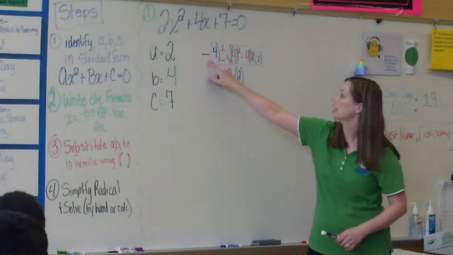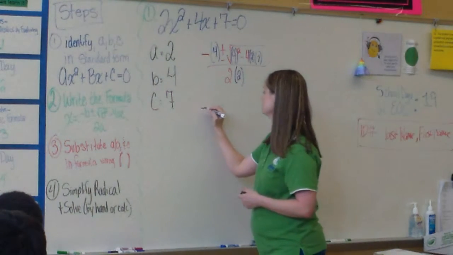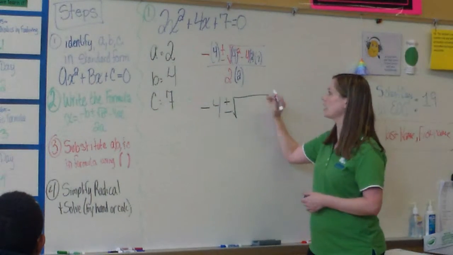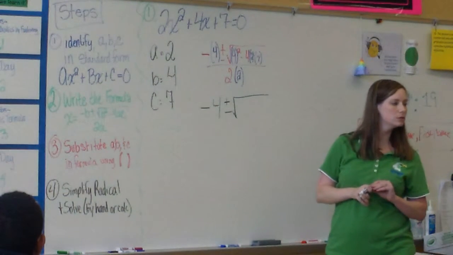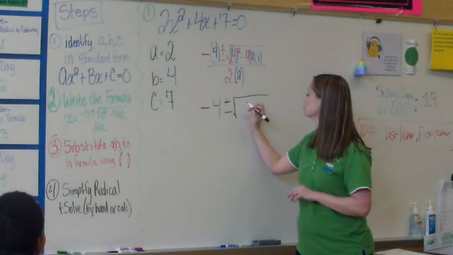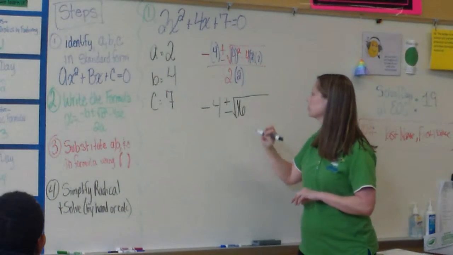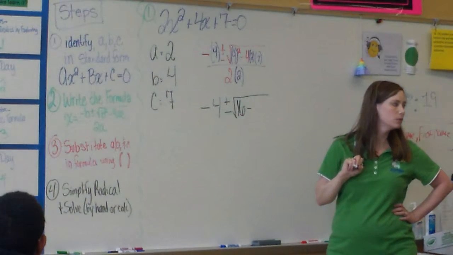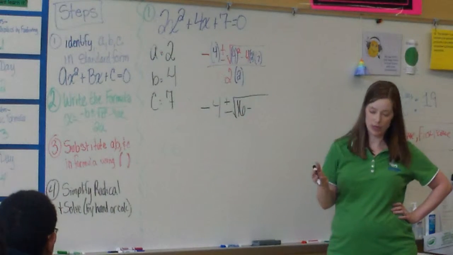I look up here. I have negative 4 plus or minus radical. What is 4 squared? 16. Minus, what is 4 times 2? 8.